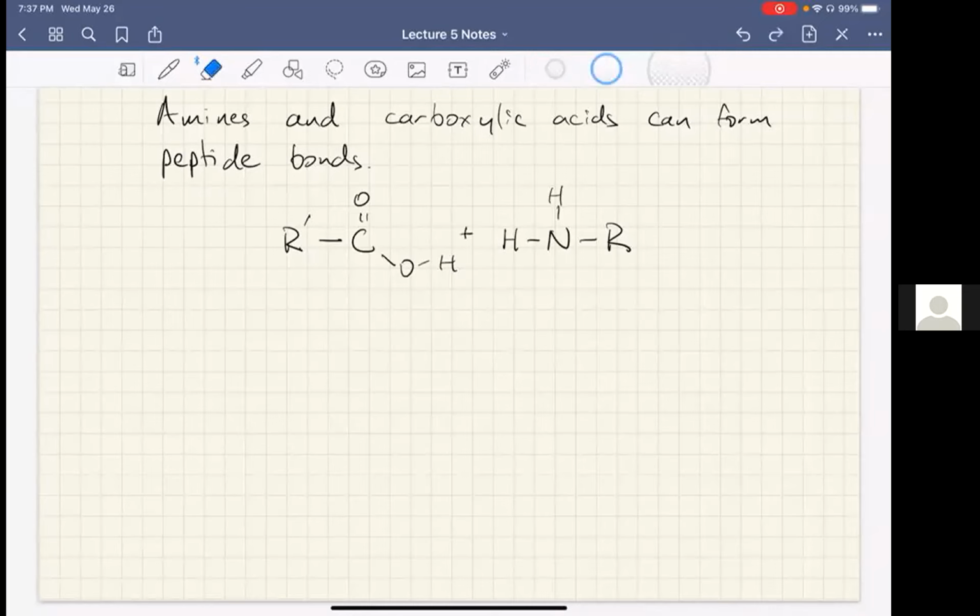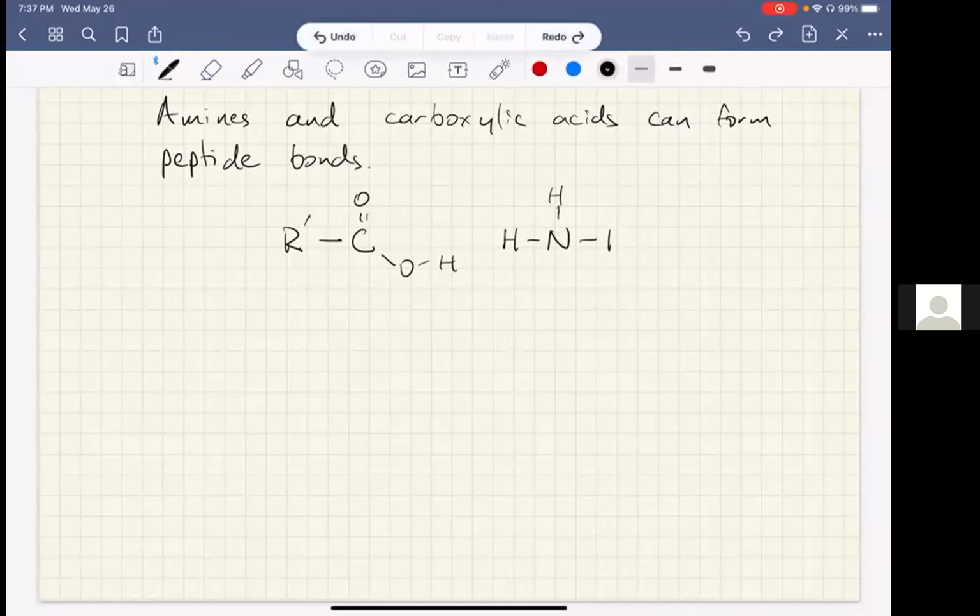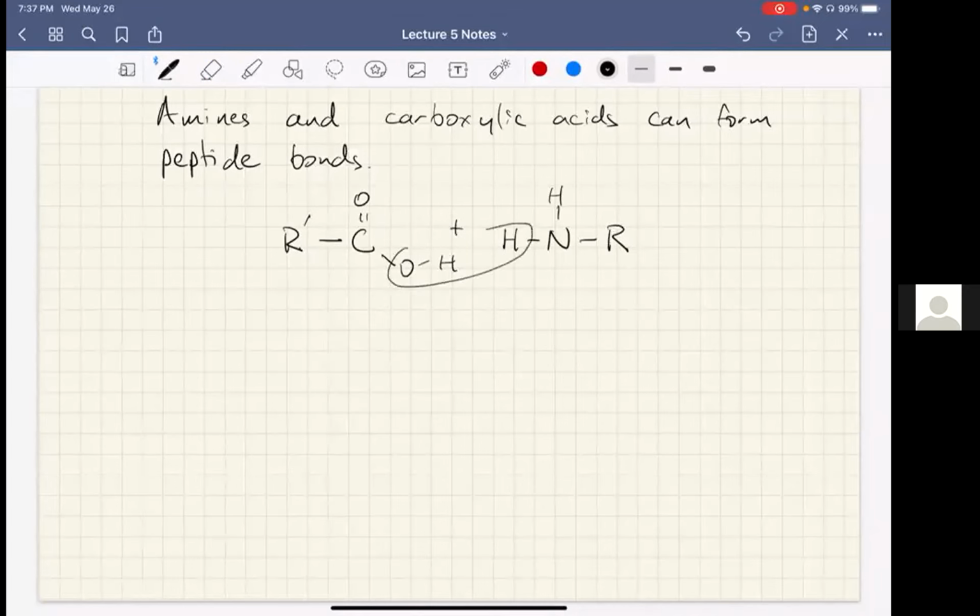here we go. What happens when these react is that these parts come together, and what do we have here? We have H2O. So those parts form a water molecule.